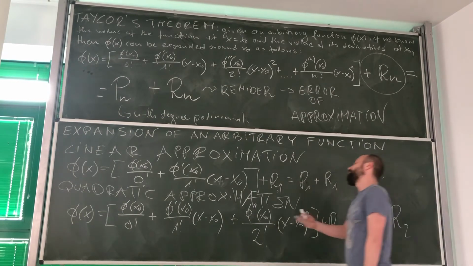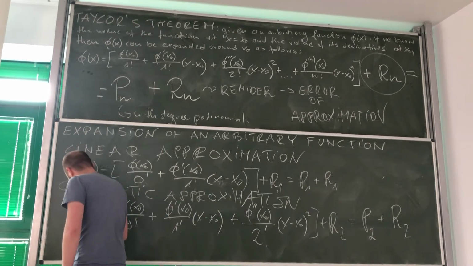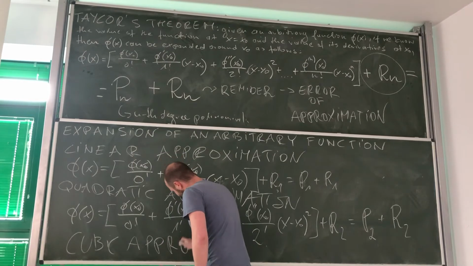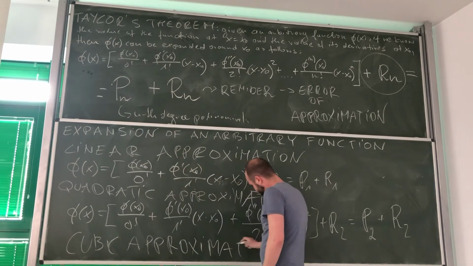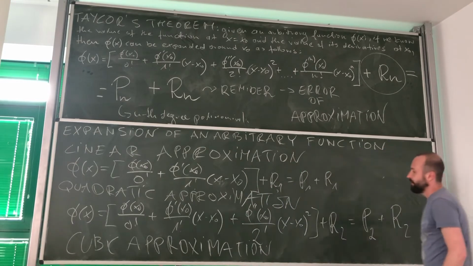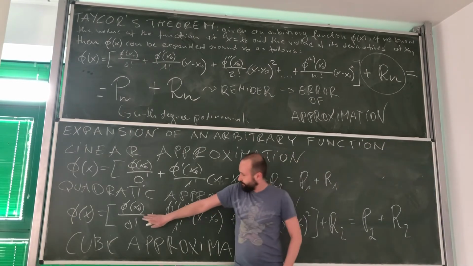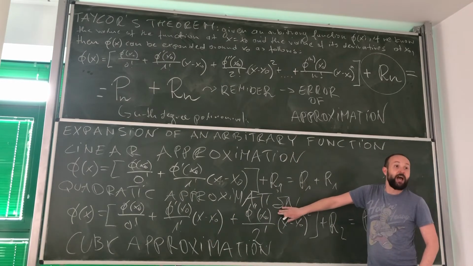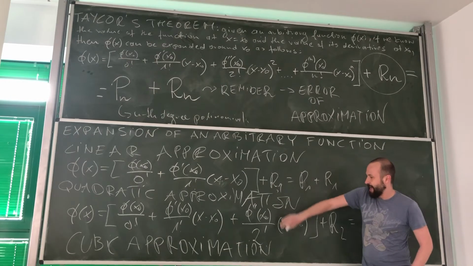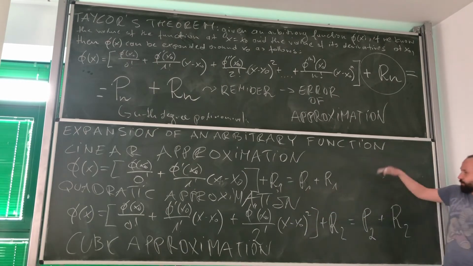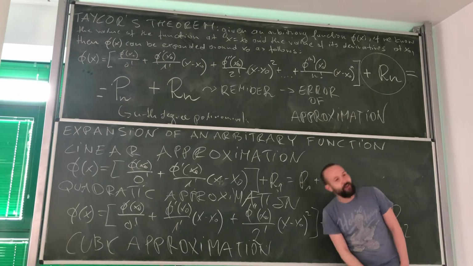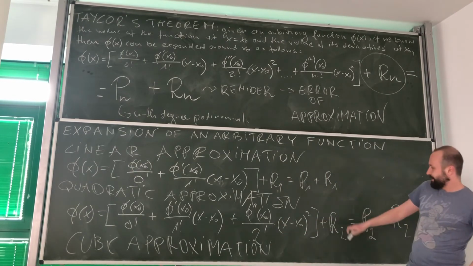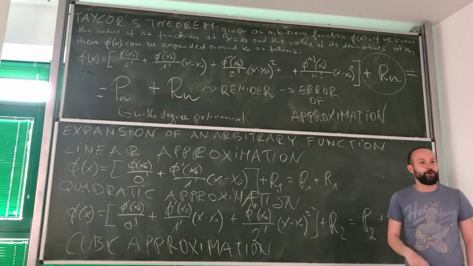Could we go further? Of course, we could have cubic approximation. How would it work? We would have this element, and this element, right? However, we need to have element number 3. So we would have the third derivative evaluated at x0, divided by 3 factorial, times x minus x0 to the power of 3.